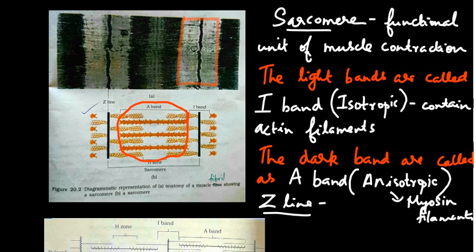Now there is a Z line present here. You can see a Z line. The Z line is an elastic fiber. There is one more Z line here. This Z line is an elastic fiber. It passes through the center of each I band.